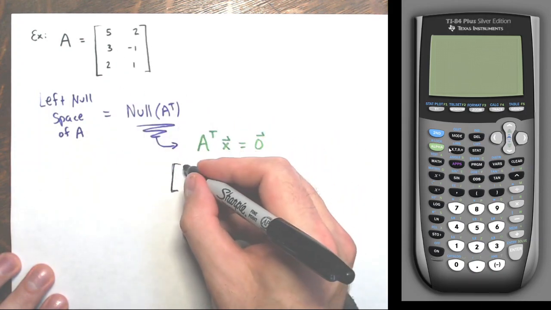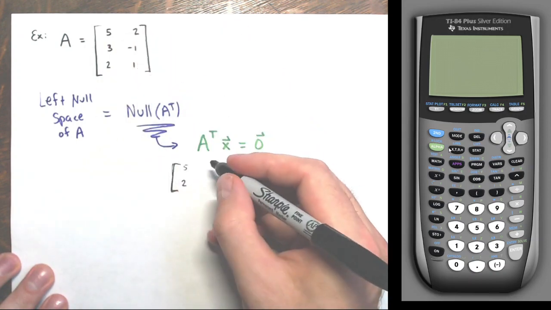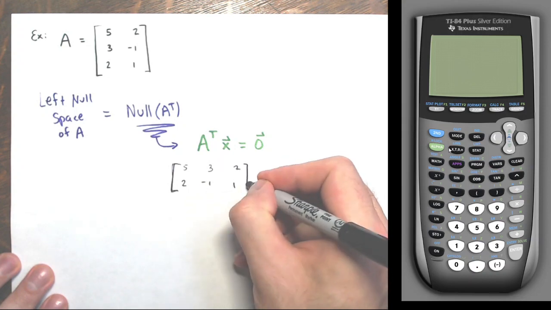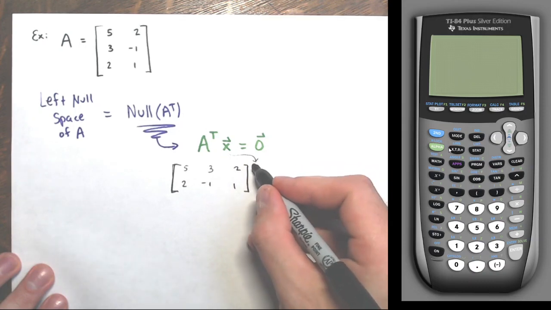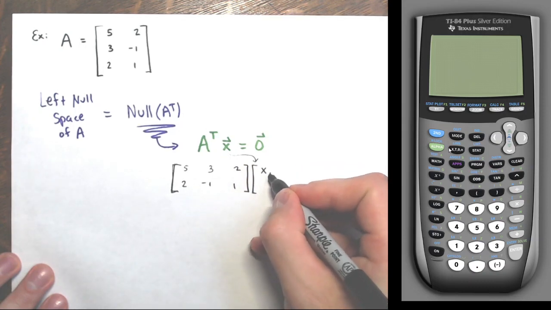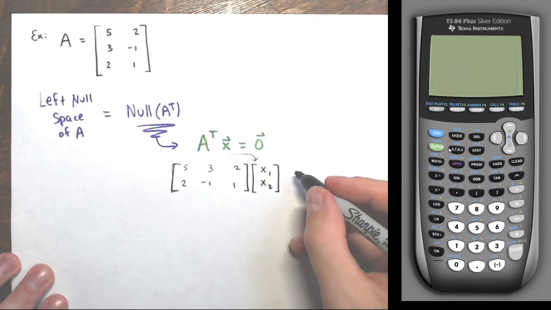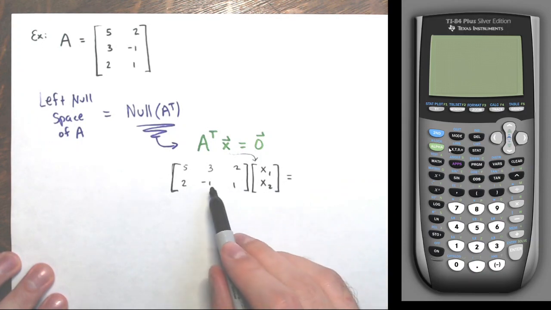So we got 5, 2, the first row up here is the first column here, then 3, negative 1, then 2, 1. That's a 3 by 2, so then the vector x that we're multiplying by needs to be a 2 by 1, so it'll have two components. It'll be some vector from R2. And a 3 by 2, I'm sorry, a 2 by 3.